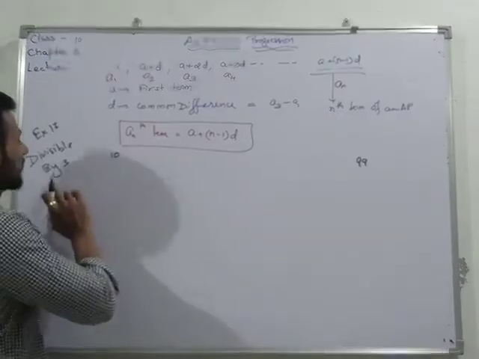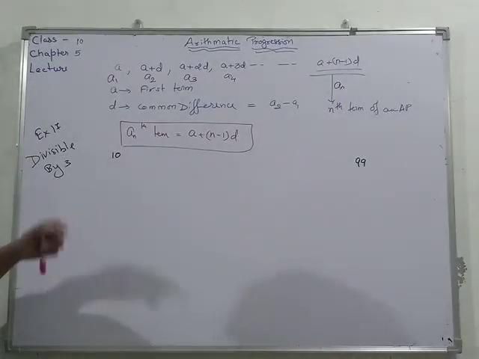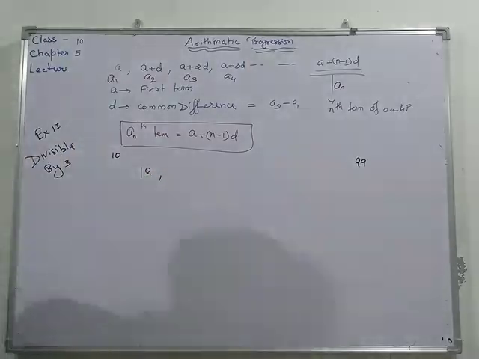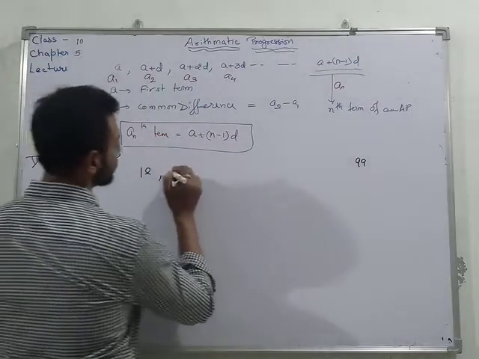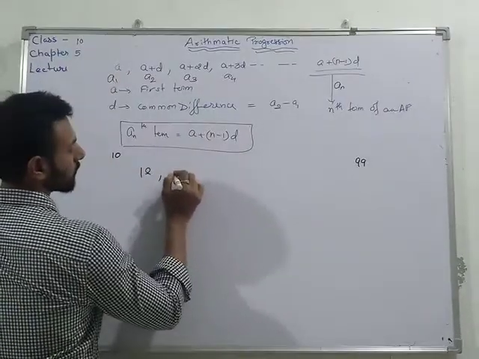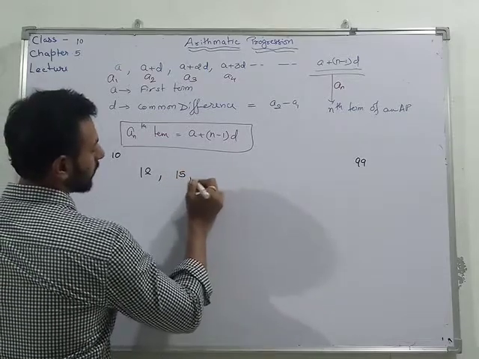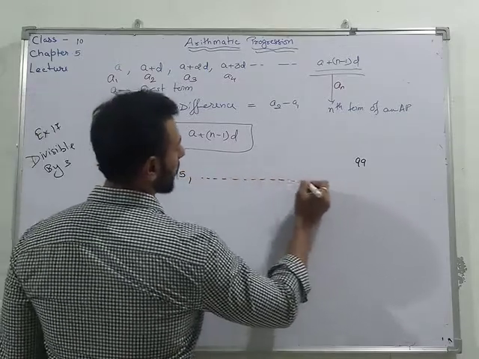Now the first two-digit number which is divisible by 3 is 12. The second number which is divisible by 3 is 15, and so on.